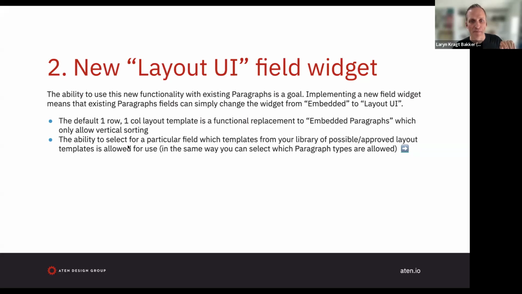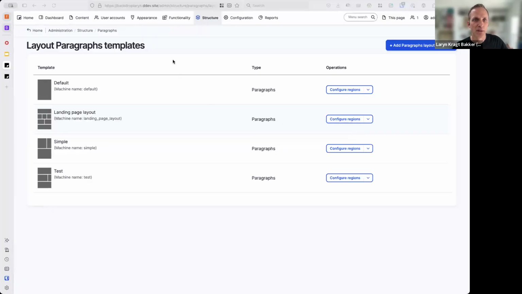And then, for each particular paragraphs field, you have the choice of which of those layout templates from your library are available, in the same way that you can select which paragraph types are allowed in a field.